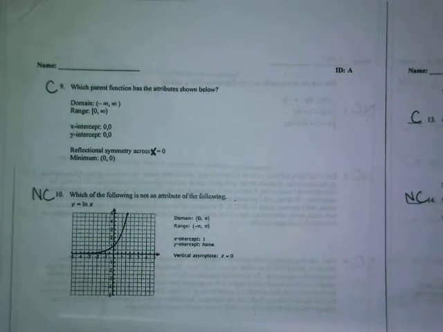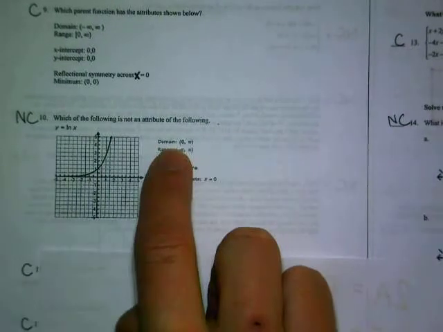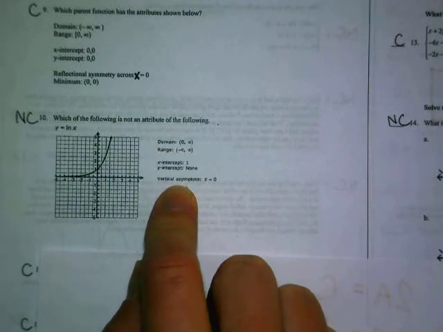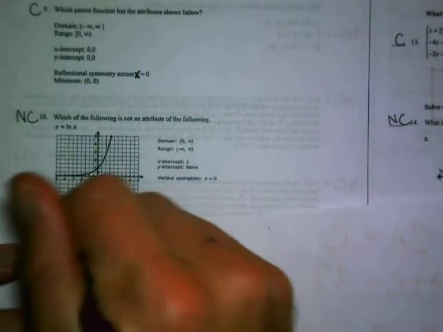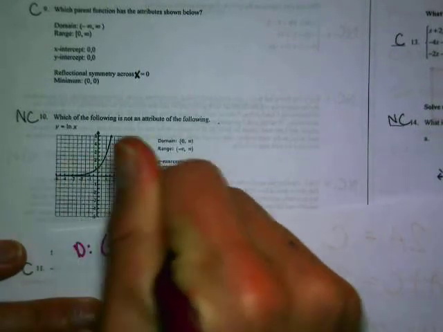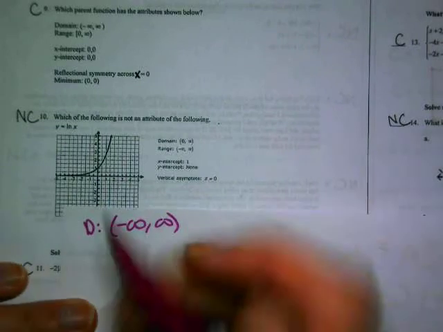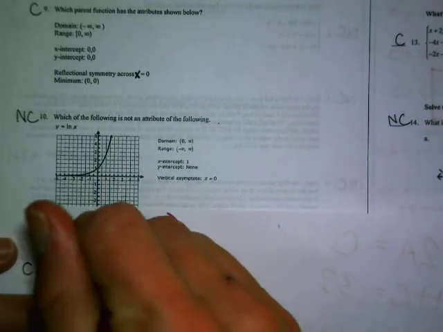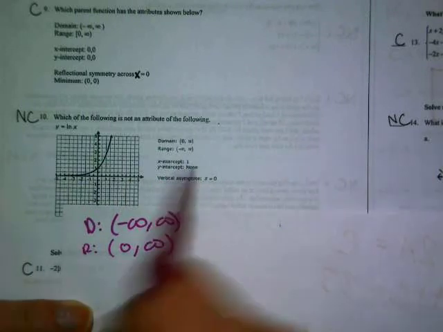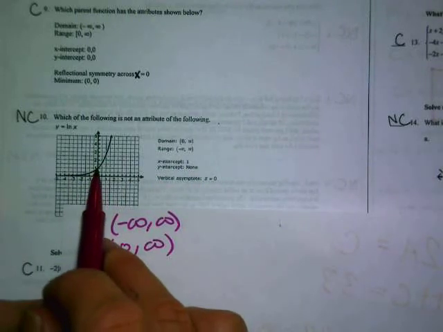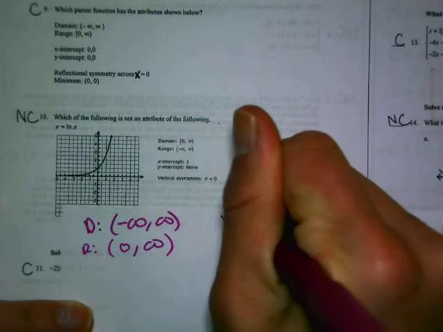All right, number 10. Which of the following is not an attribute? So a lot of these are actually not attributes. I think on your key I just wrote the correct attributes. The domain goes forever left, so your domain is actually negative infinity to infinity. Your range only goes down to 0, and it's an asymptote, so it has a parenthesis.